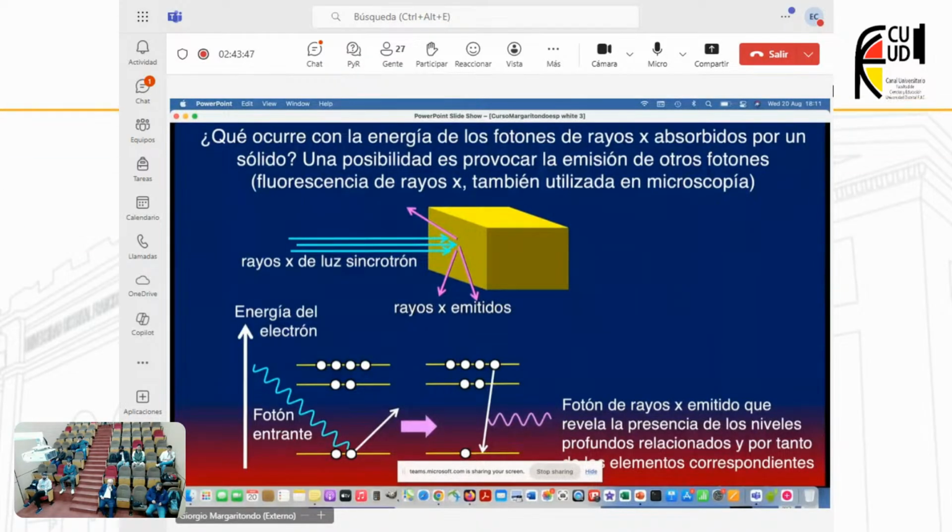So by analyzing these X-ray photons, we are still talking about X-rays because the distances are big, we can once again identify the presence of certain core levels, certain atoms, and therefore certain elements. And so this is another kind of technique for chemical analysis, which is very popular. Actually, you don't even need synchrotron radiation in order to implement this technique.